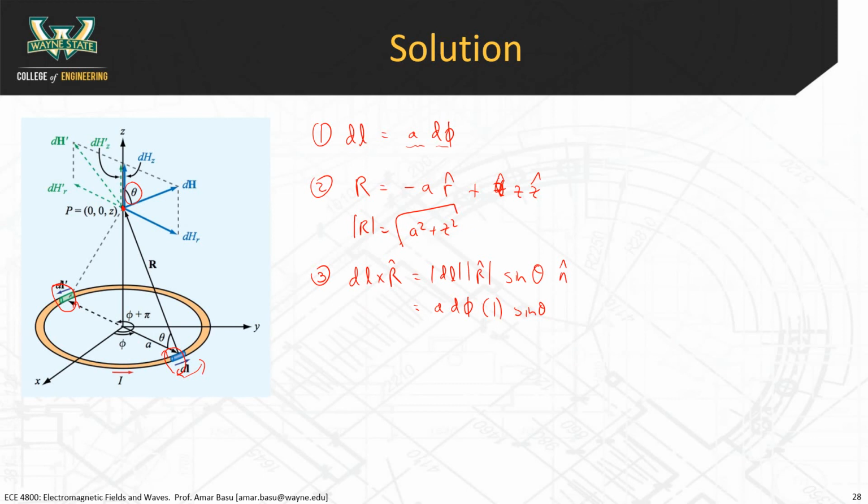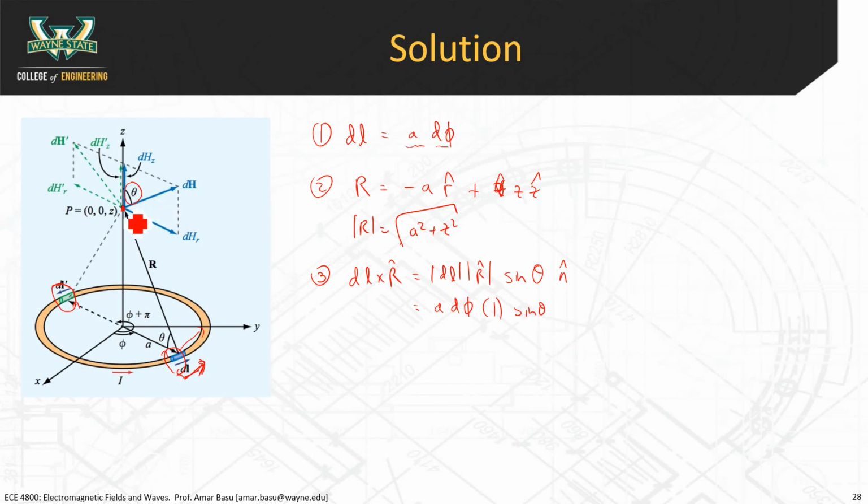Now this one is where you have to think about the symmetry of the problem. If you take your first finger and point in the direction of dl, dl is going around like this. It's going in the theta hat direction. And then your middle finger is pointing in the direction of r. So your thumb is actually going to be pointed outwards like this. I'm sorry, you do this at the observation point.